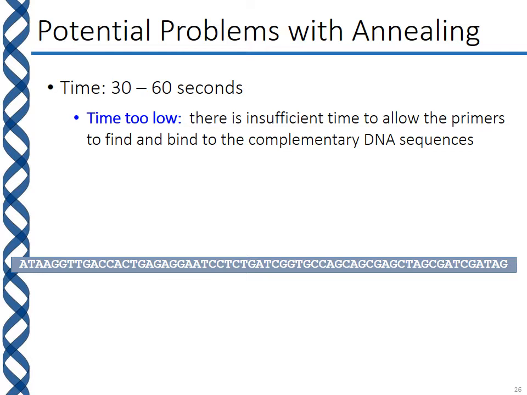So if you think about all the different primer molecules floating around in your PCR master mix, along with the template DNA, you have to allow enough time for the primers to find the location that they're designed to in this big floating mixture. And if you shortchange the annealing step in terms of time, you won't allow enough time for that to actually occur.